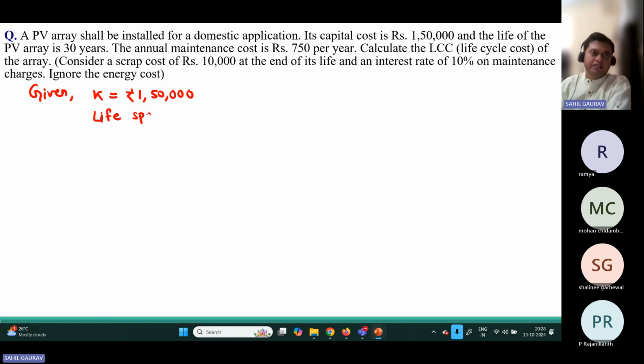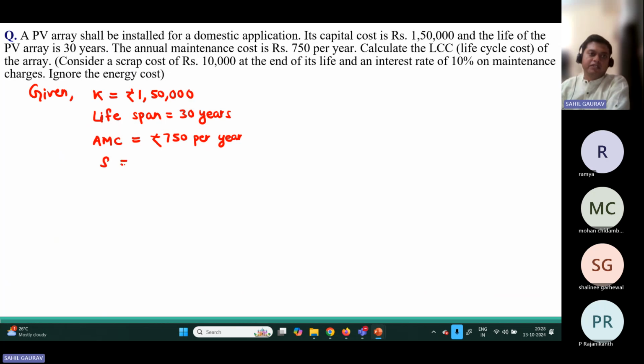Life span is 30 years. The annual maintenance cost is rupees 750 per year. Calculate the life cycle cost of the array. Consider the scrap cost.